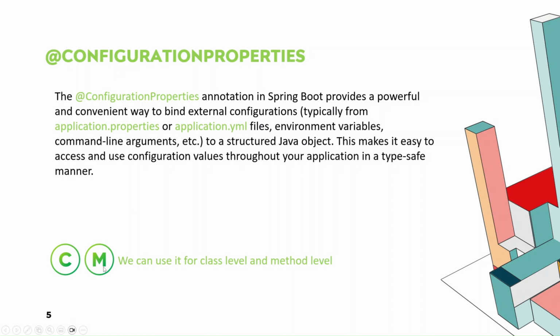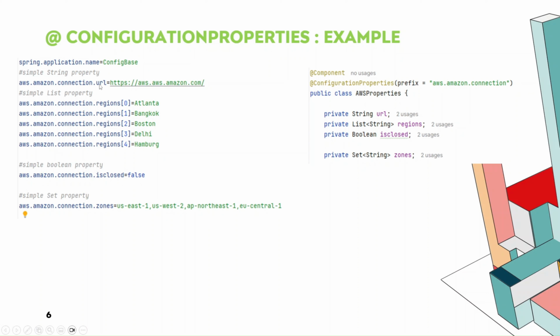I use the @ConfigurationProperties annotation with the prefix aws.amazon.connection, for which there are eight properties having the same prefix. I put the prefix here, so the suffix url will be a variable here.